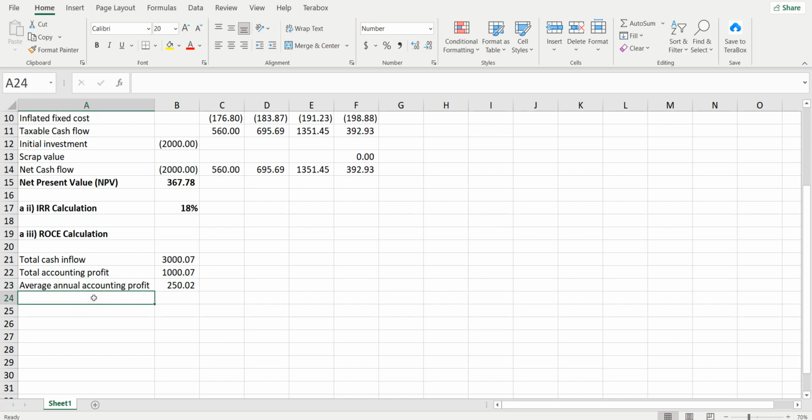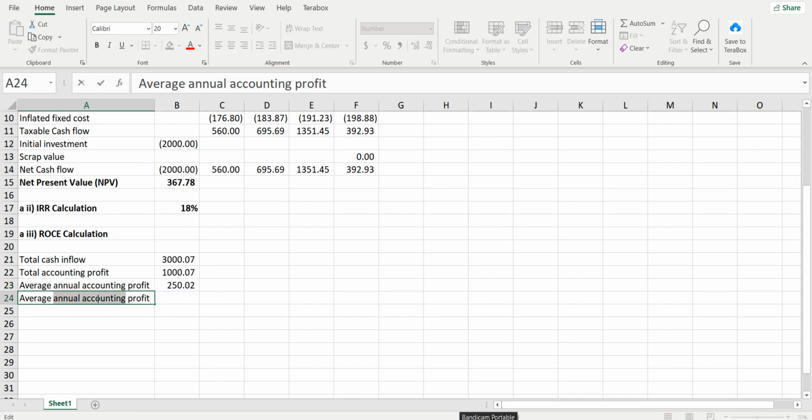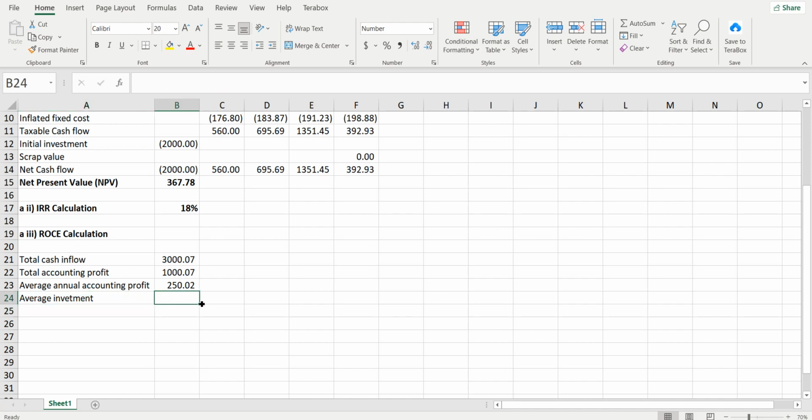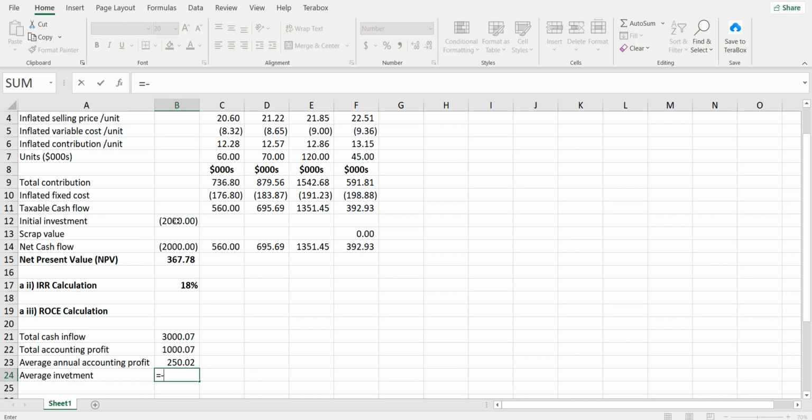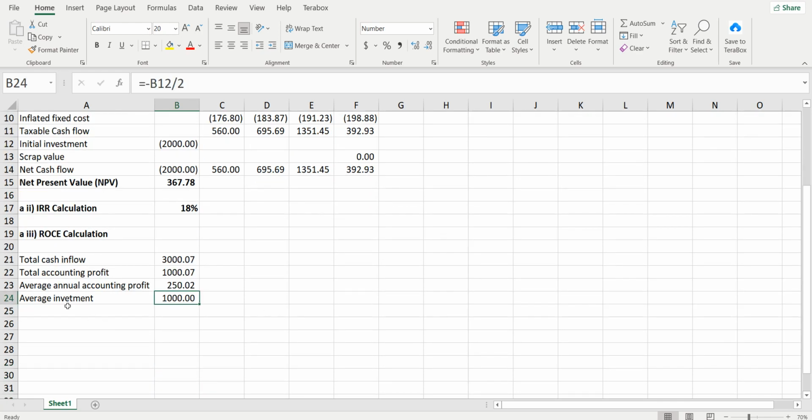So now we need average investment. The formula for average investment is always investment divided by 2. So let's do the minus first, investment divided by 2, and now we have our average investment.